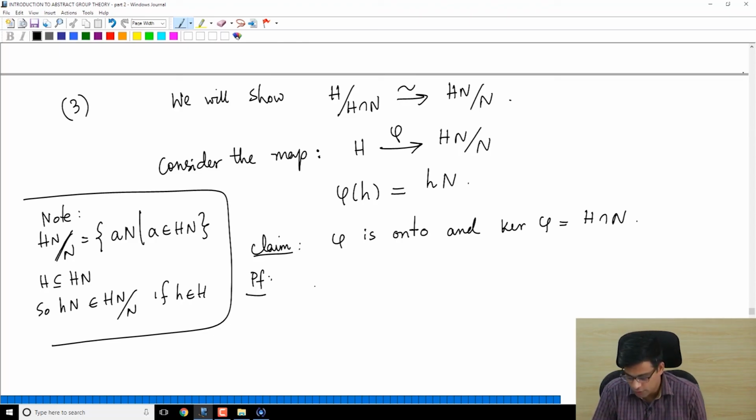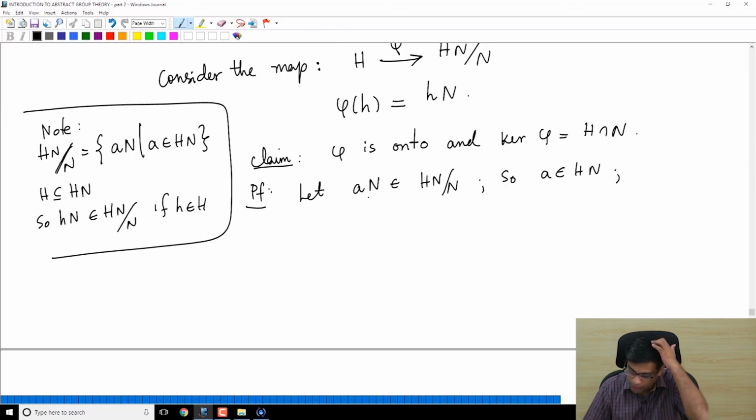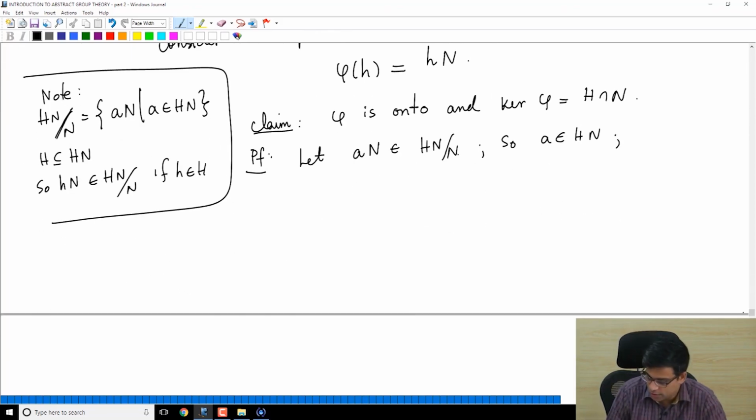In order to prove phi is onto, we want to show that anything in the right hand side is the image of something. So let aN be an element of HN mod N. So a is an element of HN, a left coset of capital N in capital HN.